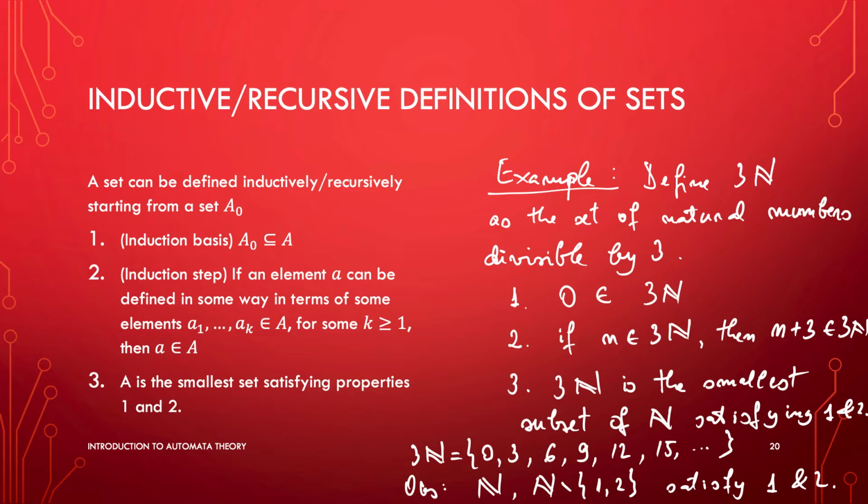If I take the full set of natural numbers, obviously 0 is an element in there, and for any natural number n, obviously also n plus 3 is a natural number. But still, this is not what we wanted to define. So what I'm saying is that this third condition, saying that we are focusing on the smallest set satisfying properties 1 and 2, is really crucial. If you don't take that into account, you might define larger sets that are in fact not really the focus of what you want to define.